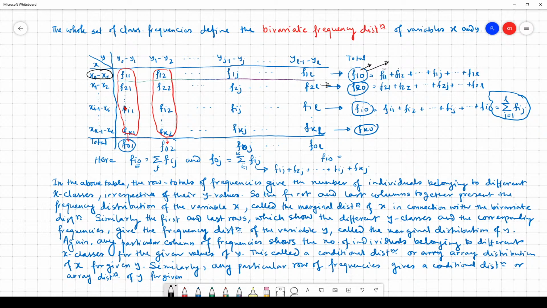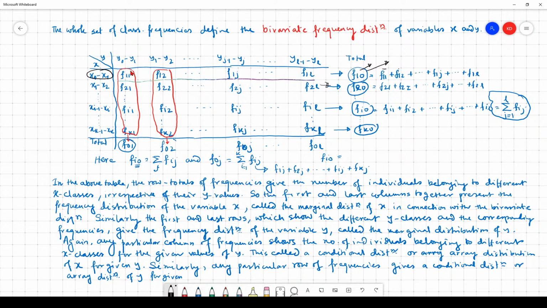Clear? Similarly, you do the same thing for the marginal frequency distribution corresponding to variable y. In that situation, you need to eliminate the effect of x. And how to eliminate this? Just add up all the frequencies for a particular class of y, corresponding to all the classes of x. For f naught 1, I add all these frequencies corresponding to all classes of x for a given y0 to y1.